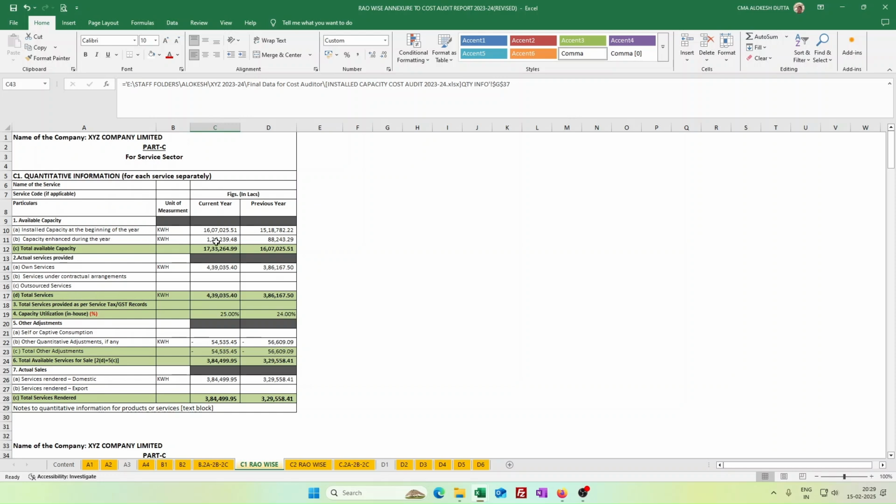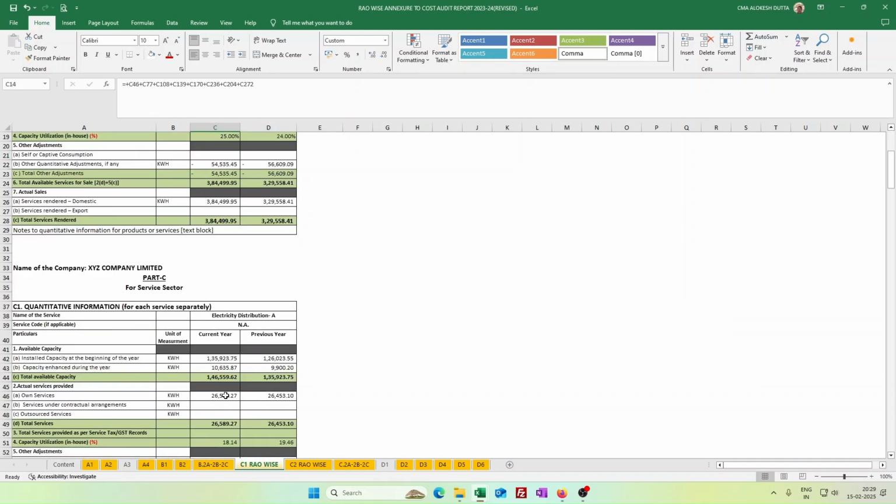This is the enhancement, and this is the total installed capacity. And this is the actual service, that means the electricity distributed throughout the year. That is the production; in the manufacturing case, it is the production. 4,39,033. Where is it coming from? It is coming RAO-wise, J.